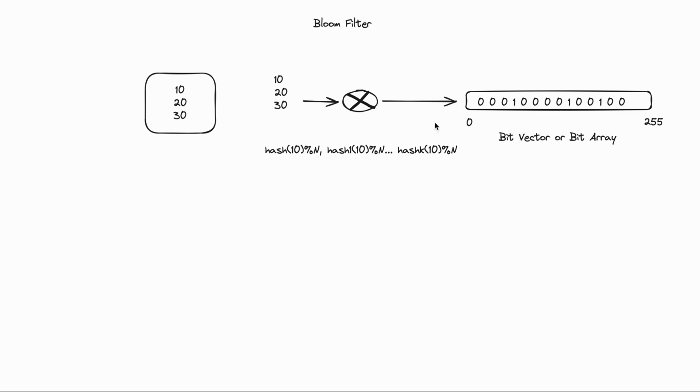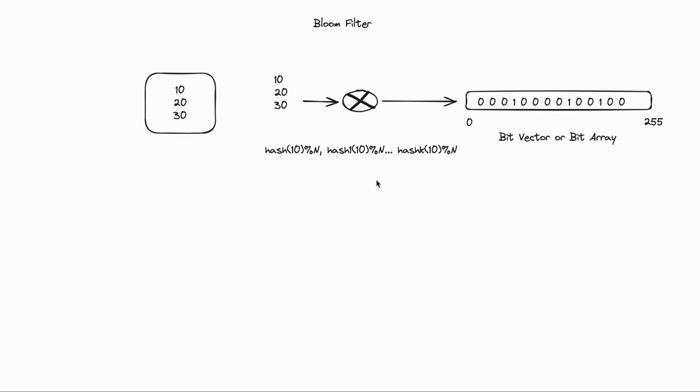So how is it different from a set? In some cases, for example, as we are adding more elements, at a certain point of time the elements in the bit vector will be filled up. I mean, all the bits in the bit vector will be 1, so there will be no space here.